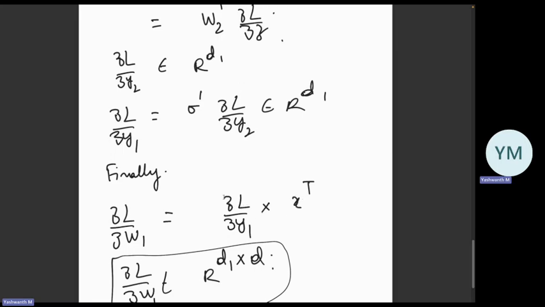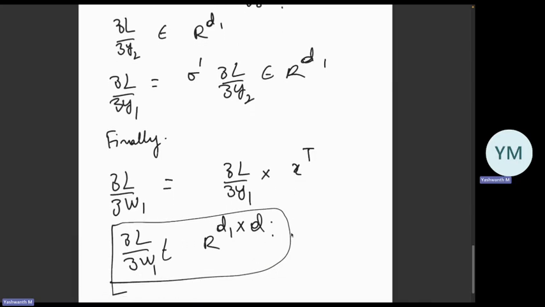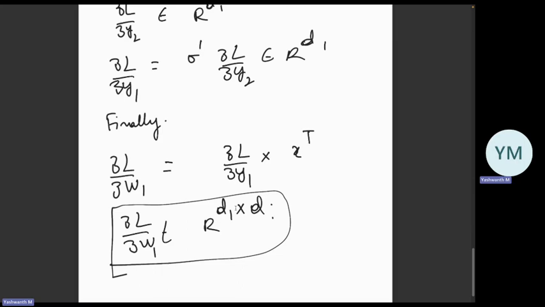Remember that dL by dy1 has dimension D1, as y1 also has dimension D1, and so this is D1 cross 1. And x is the input that lies in the dimension of D, so x transpose lies in the dimension of 1 cross D. So this is D1 cross 1 and this is 1 cross D, and we obtain D1 cross D as the dimension of dL by dW1. W1 also lies in the space of D1 cross D.